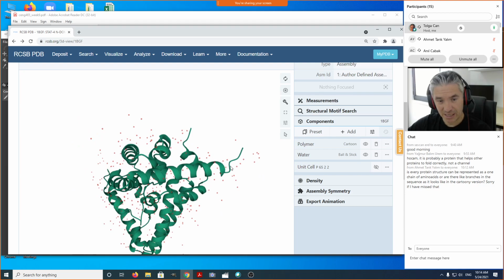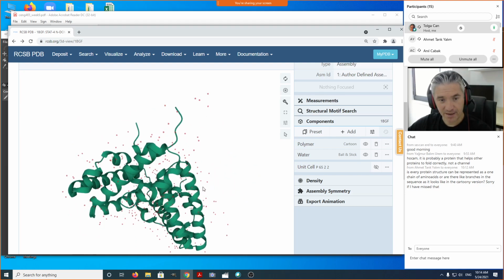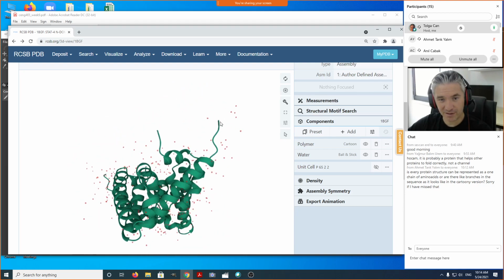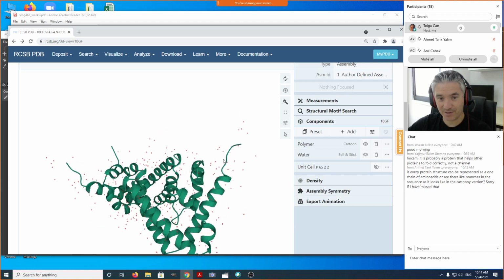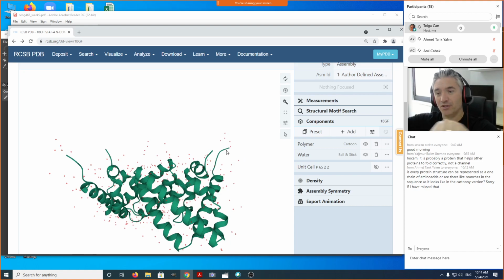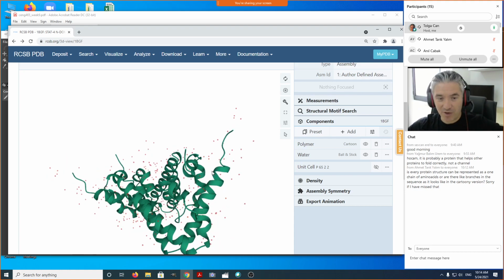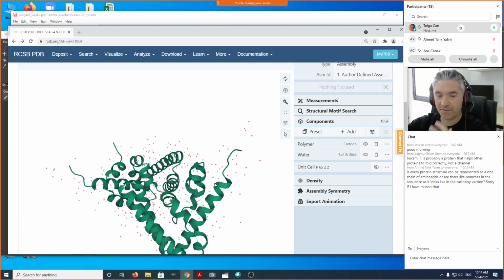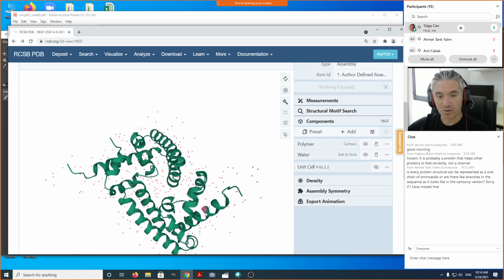It's really like a ribbon that has a start position. Look at this, this is the start and this is the end, and look at how close they are in 3D space. If you unfold it, it's going to be a long string, but that string folds onto itself like a cord.